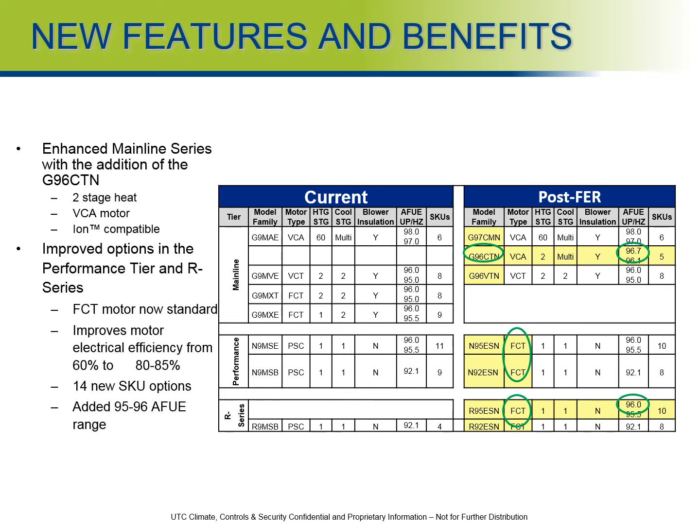These have now been added into an extended model number nomenclature. So now on top of a high efficiency two-stage unit, we have the addition of a two-stage unit with a communicating blower, which allows full functionality with a communicating thermostat like the ion control.